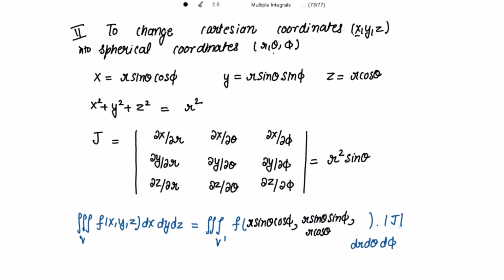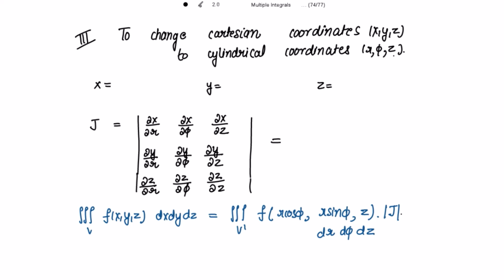And the value for the Jacobian, the determinant, is r square sin theta. So multiply with r square sin theta, and then dr d theta d phi, for r, theta, phi, right? Is it okay? Alright.